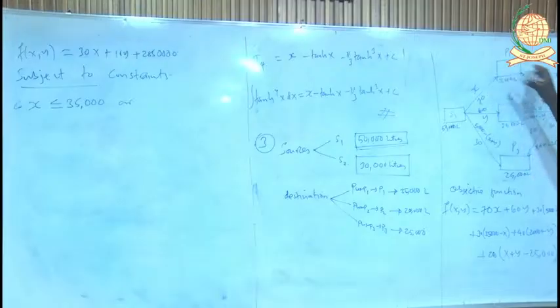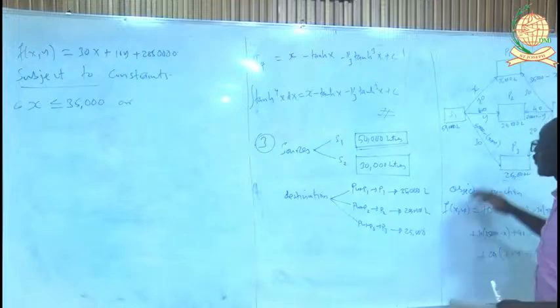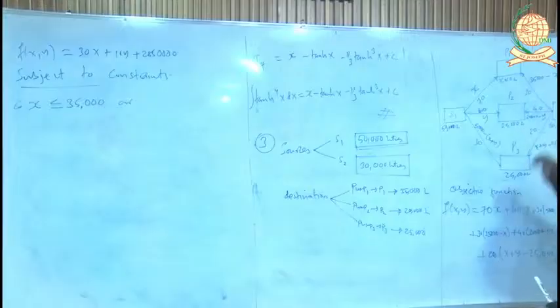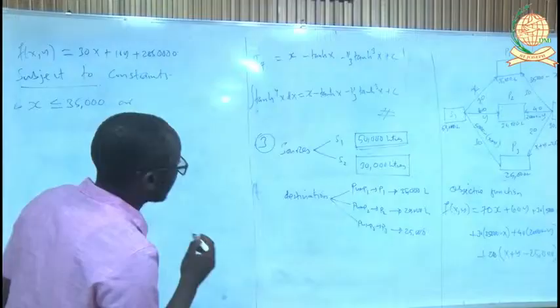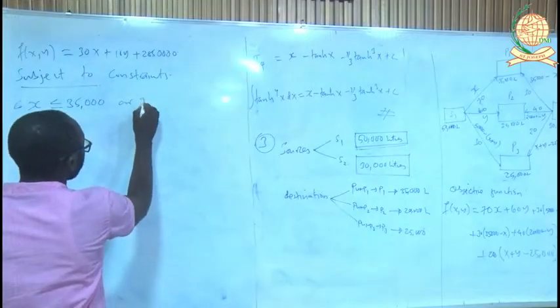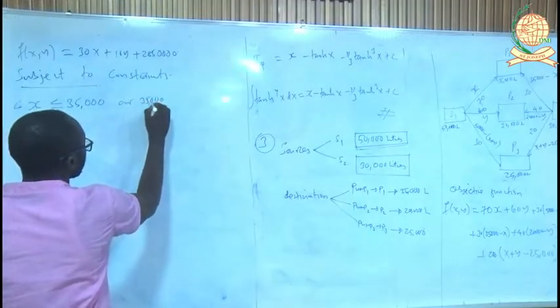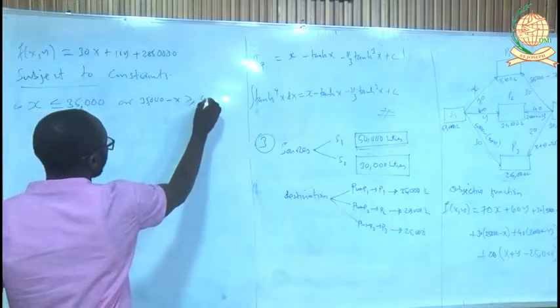So it has to be some amount of water, greater than or equal to 0, because it can't be less than that. So 35,000 minus x is greater than or equal to 0.